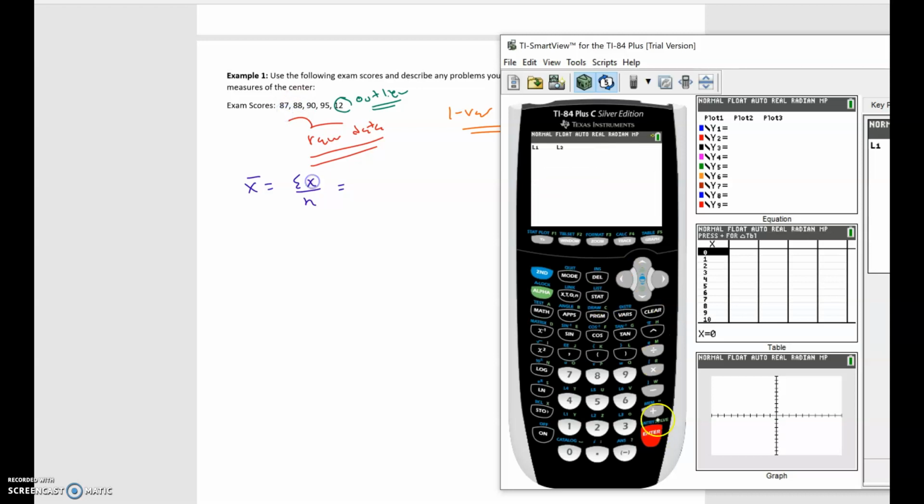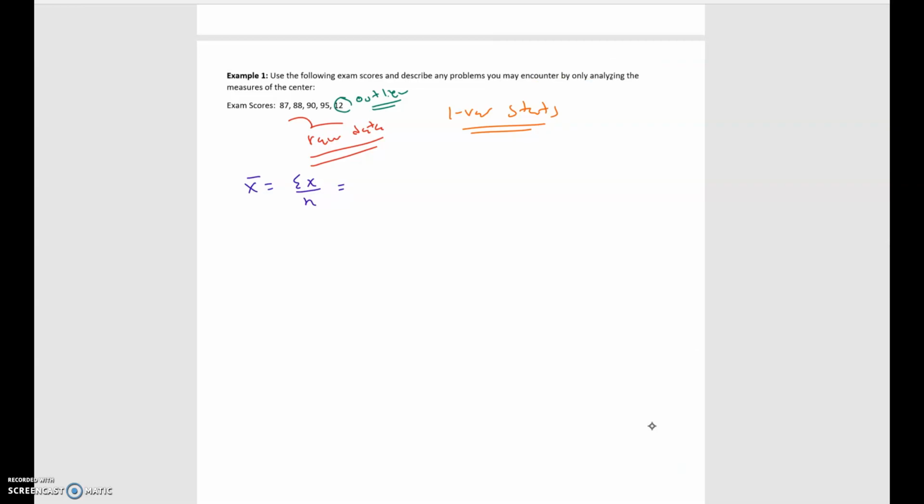As you run one variable stats, I'm looking at 74.4. So the mean is 74.4.